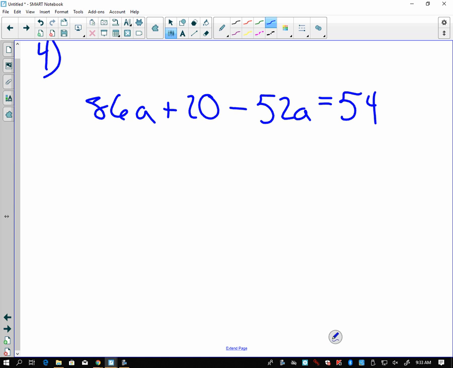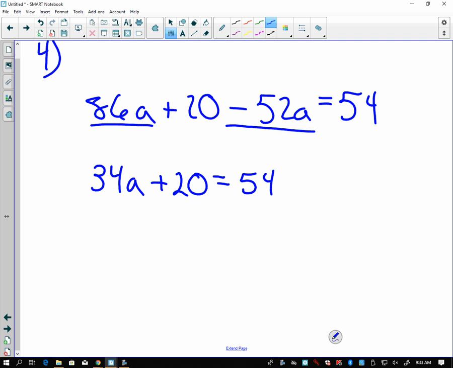Combine like terms. Which terms are like terms? 86A and what? Negative 52A. What's 86 and negative 52? 34A. Okay. 34A plus 20 equals 54.